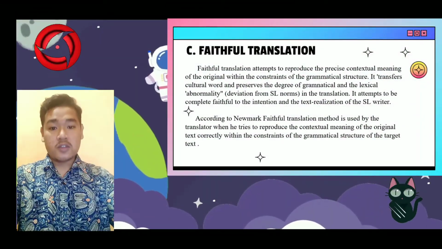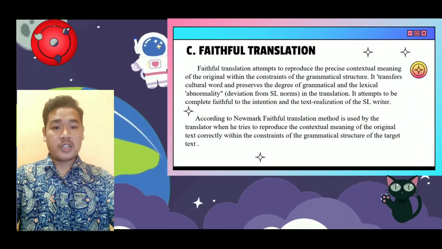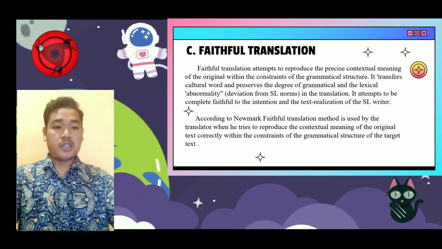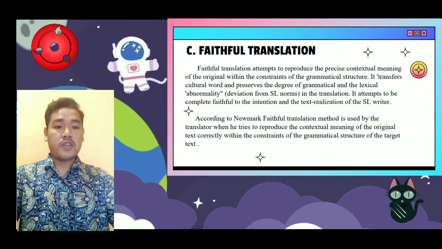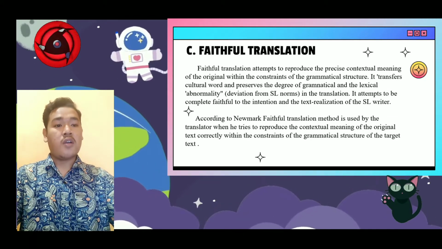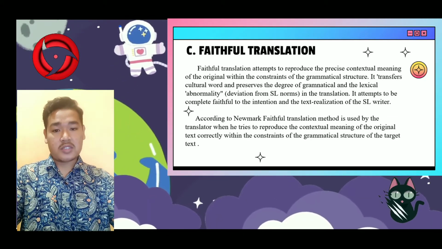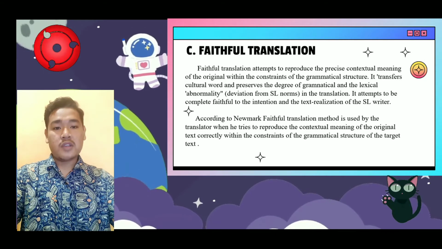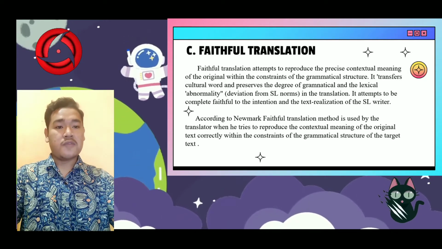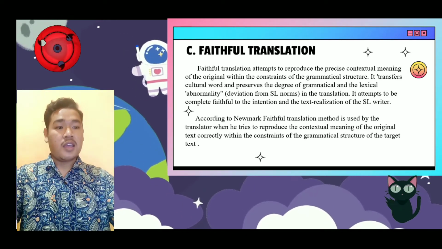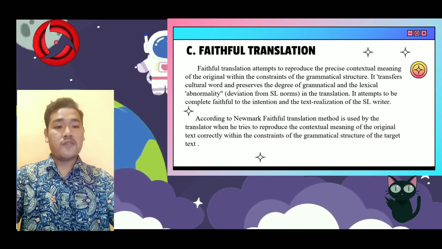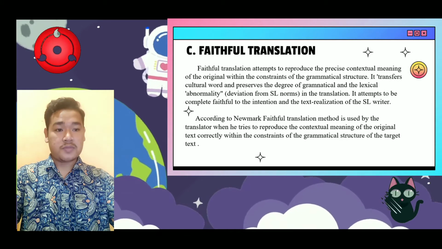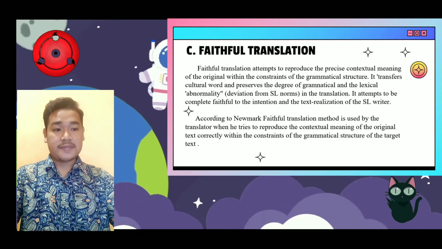Okay, I will continue to explain about faithful translation. Faithful translation attempts to reproduce the precise contextual meaning of the original within the constraint of the grammatical structure. It transfers cultural words and preserves the degree of grammatical and lexical abnormality or deviation from source language norms in the translation.